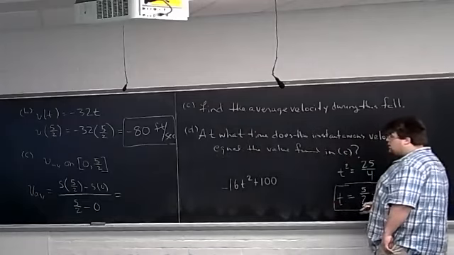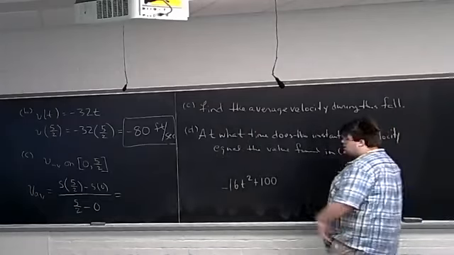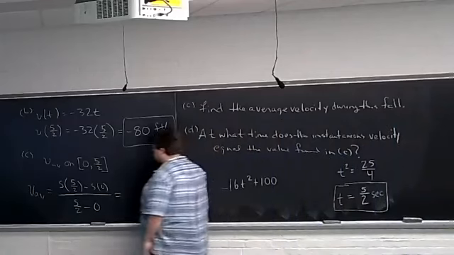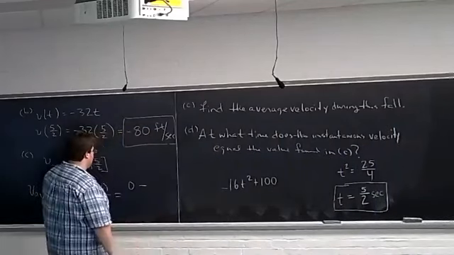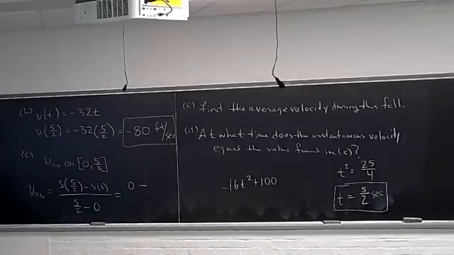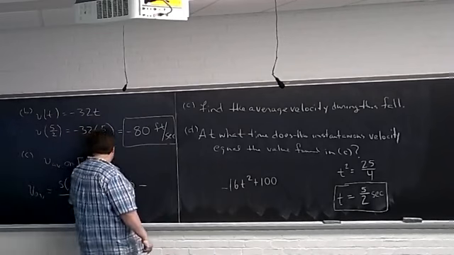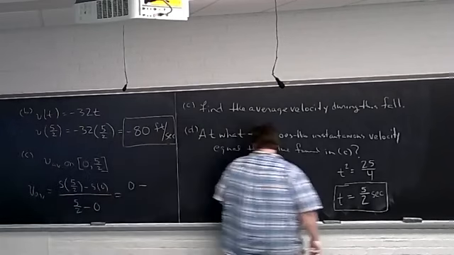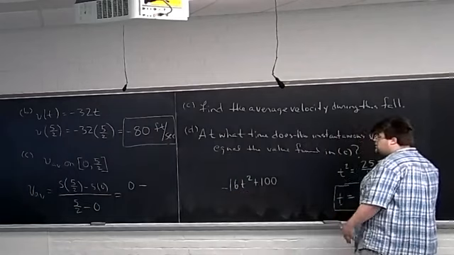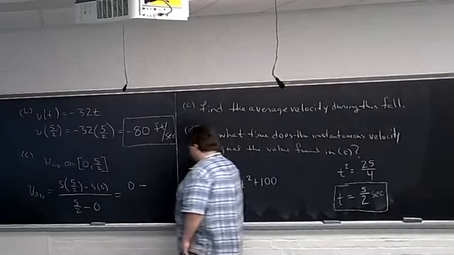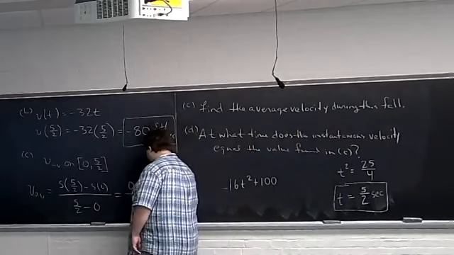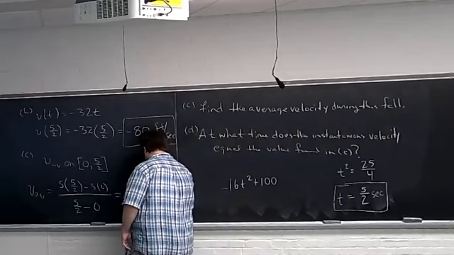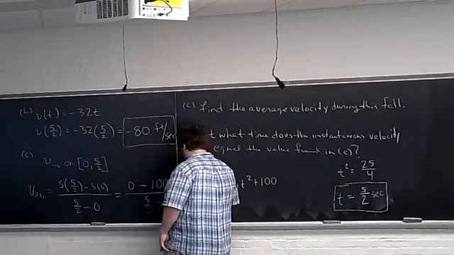So the work we did in part A actually tells us that S at 5/2 is 0. So for this one, we actually don't have to do any algebra for that first one. Minus S at 0, what happens when t equals 0? You get 0 plus 100. So minus 100 divided by 5/2 minus 0, 5/2.